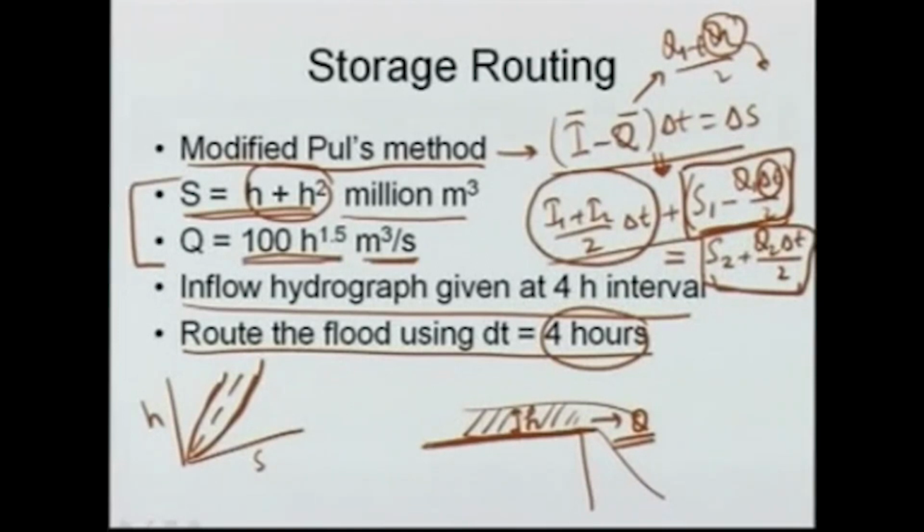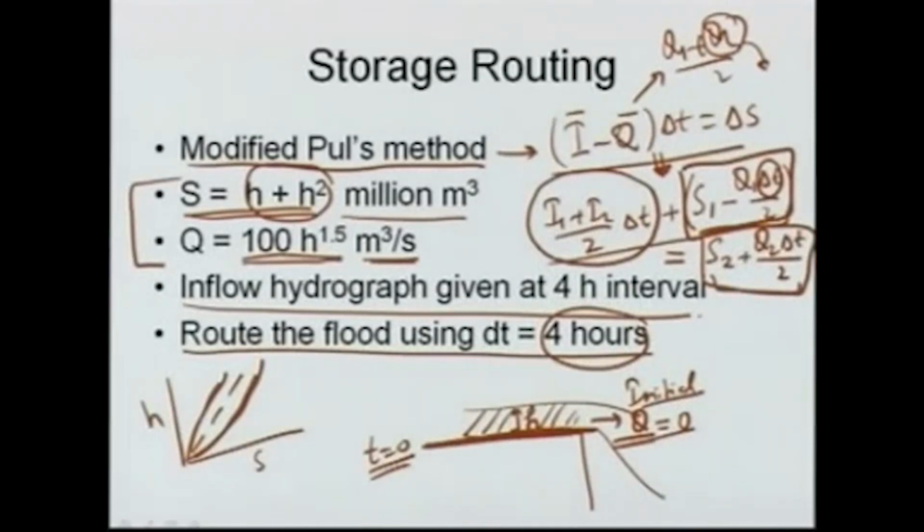So, at time t equal to 0 this is the pool level, and therefore q is 0 initially. Let us assume that q is 0. We could assume some other value also, but since the water level is here, there is no outflow. We could have assumed a different water level also.